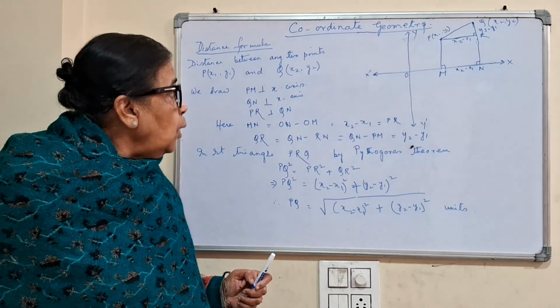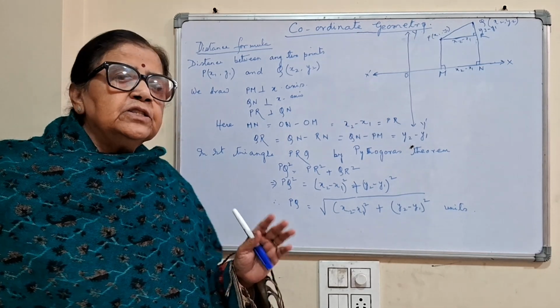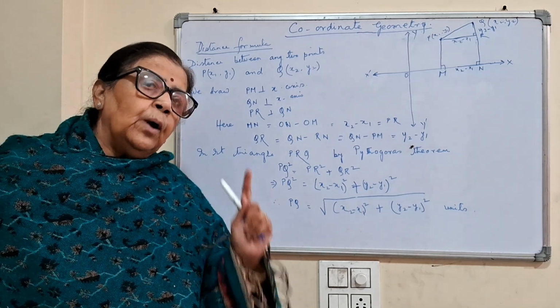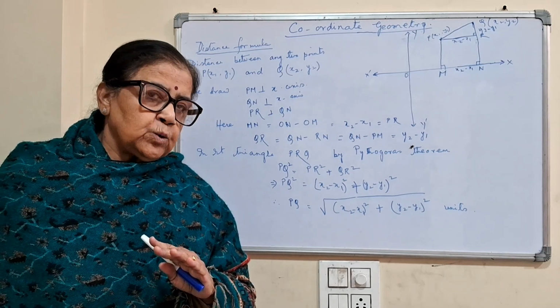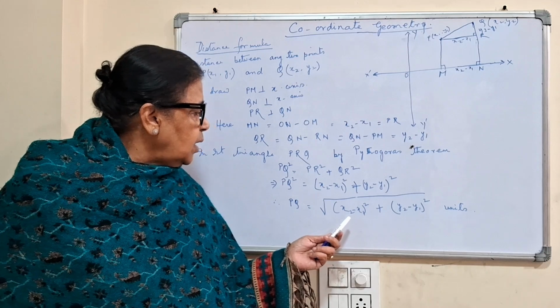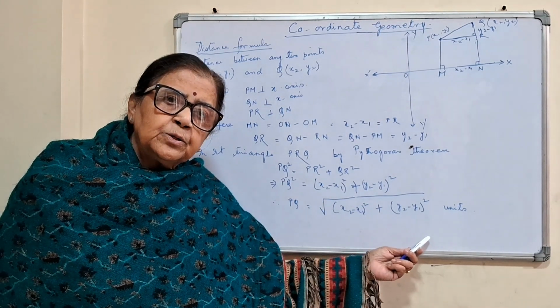Now, if I want the distance of any point from the origin, one point is the origin (0, 0) and another point is (x1, y1). So instead of the first point, it is (0, 0), and I can write the distance as the square root of x1 square plus y1 square.